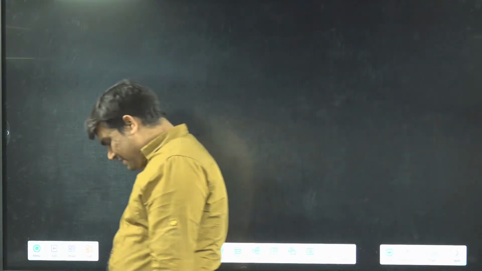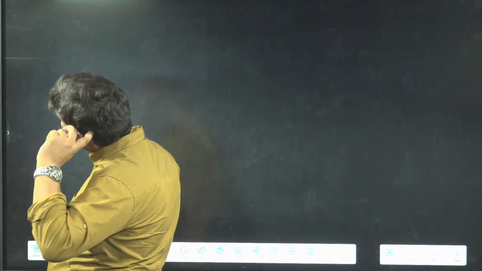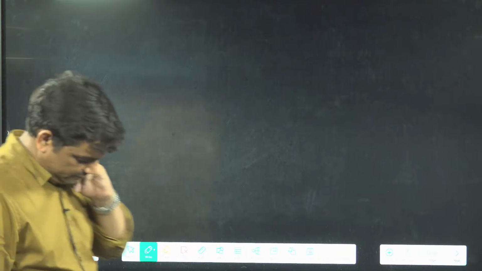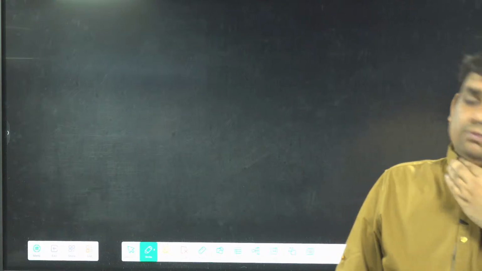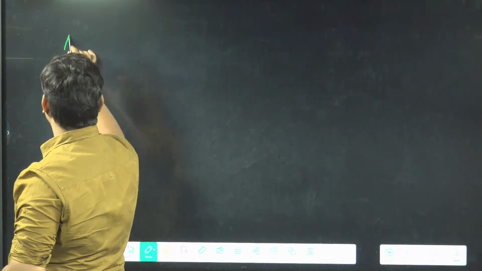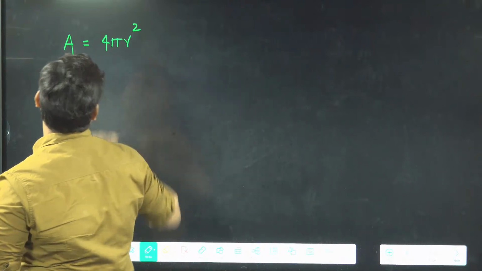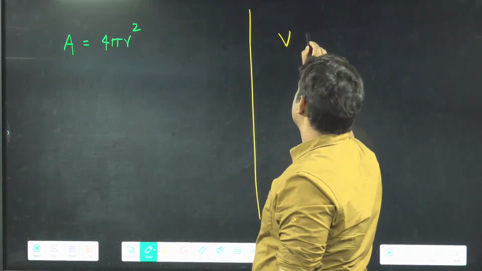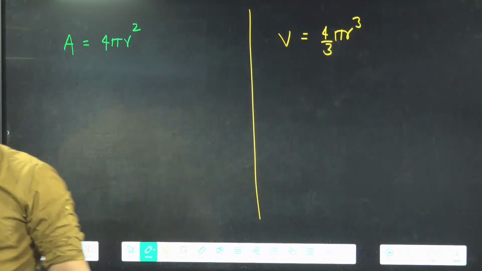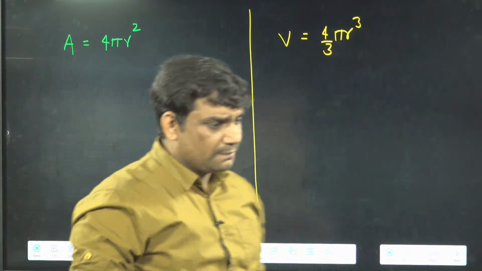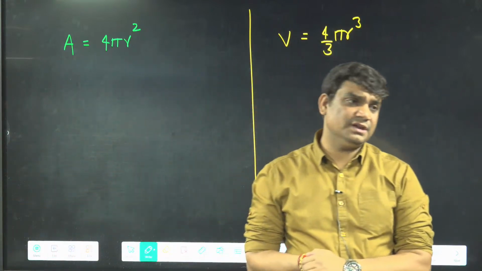If the percentage error in radius is 1%, then find the percentage error in surface area and volume. You know what is the surface area of a sphere?